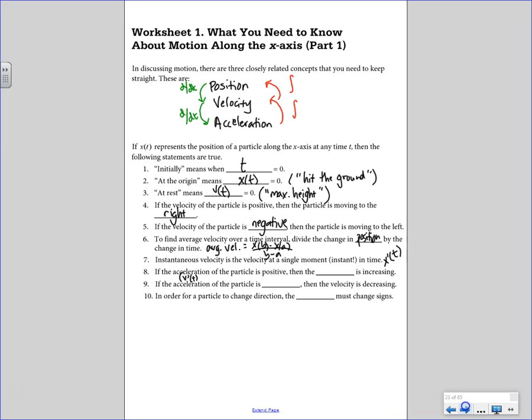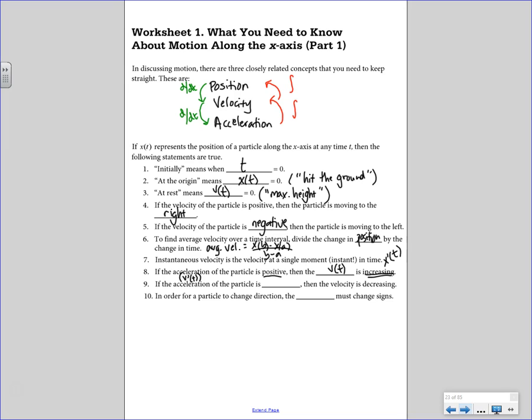So if the acceleration, which is the derivative of velocity, is positive, then we can say that the function, which is velocity, is increasing. Good. The increasing decreasing test says that a quantity is increasing when its derivative is positive. So you have to see acceleration is velocity's derivative, so of course it must be positive in order to have the velocity be increasing.